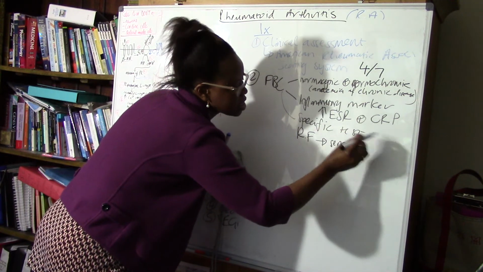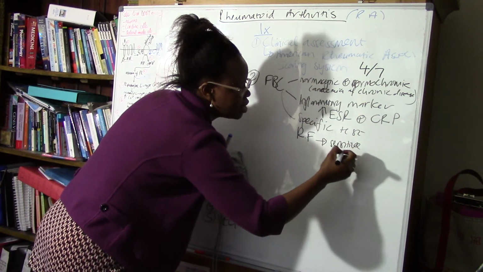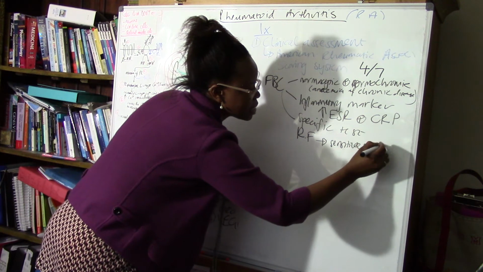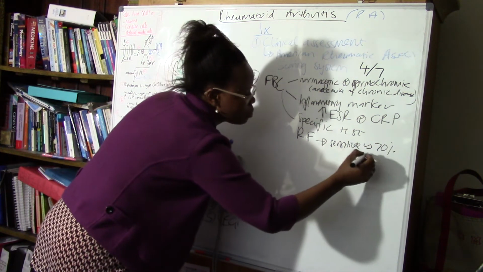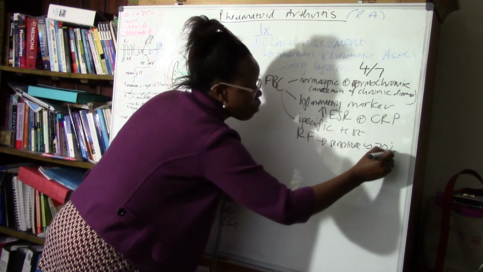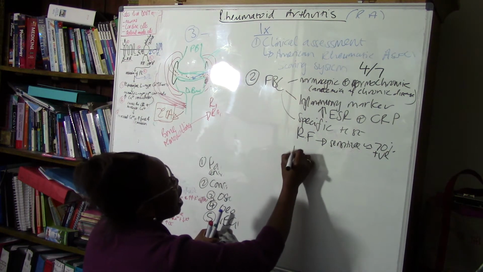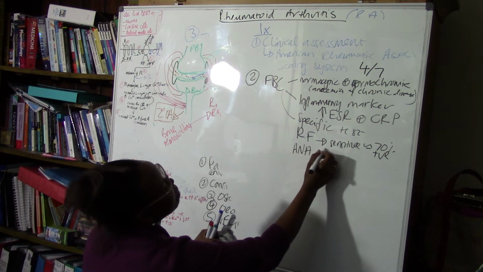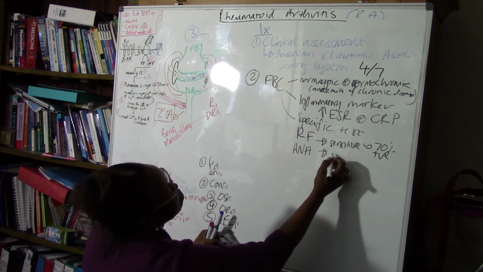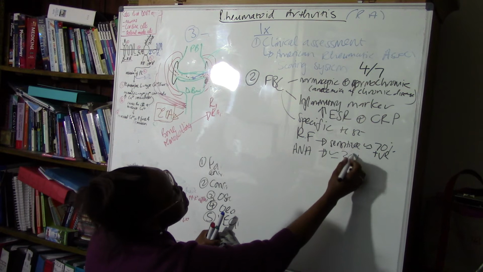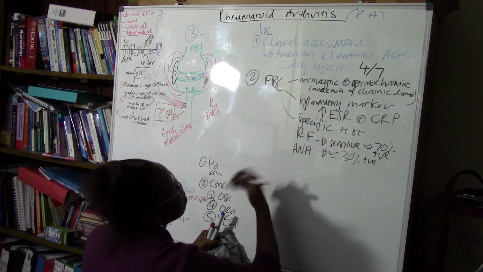Shall we say specific disease test, really, in that about 70% of people will be positive. ANA can be done, but ANA is even less sensitive. Only about 30% of cases will be ANA positive.